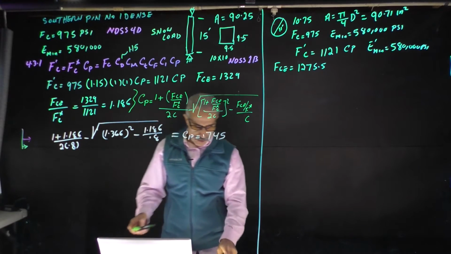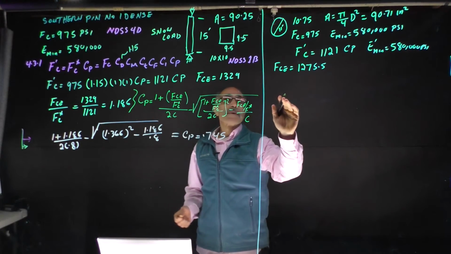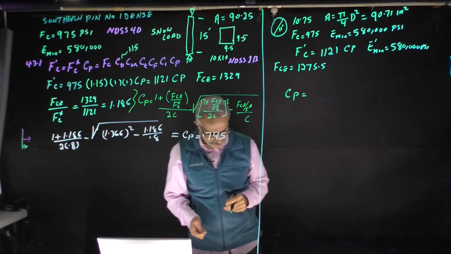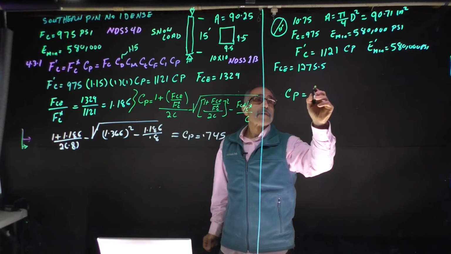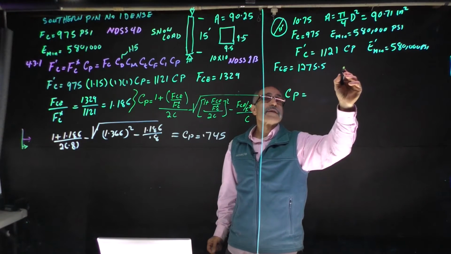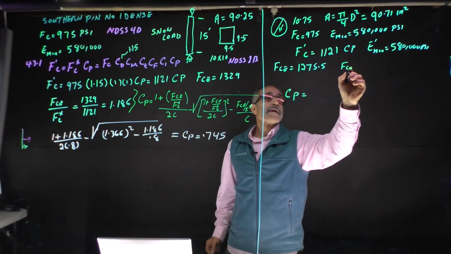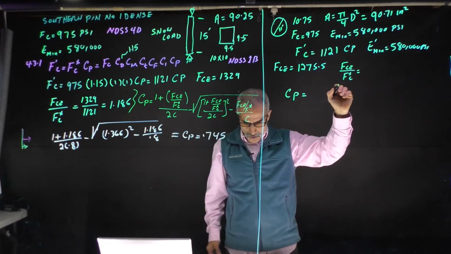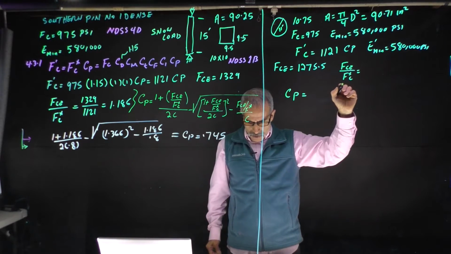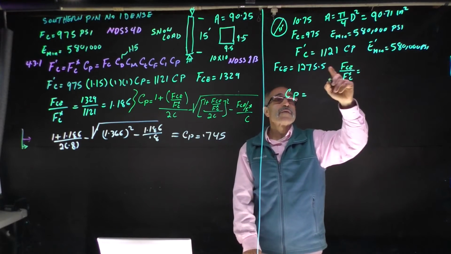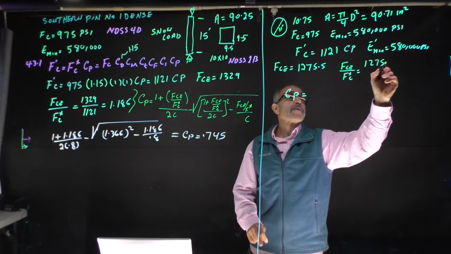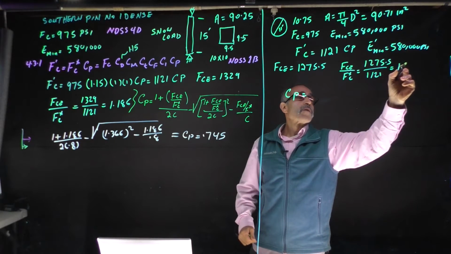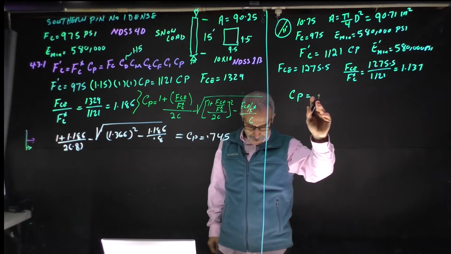And if I continue on this side, my CP comes out with the same equation. Of course, my FcE divided by F*c comes out to 1275.5 divided by 1121, which gave me 1.137.